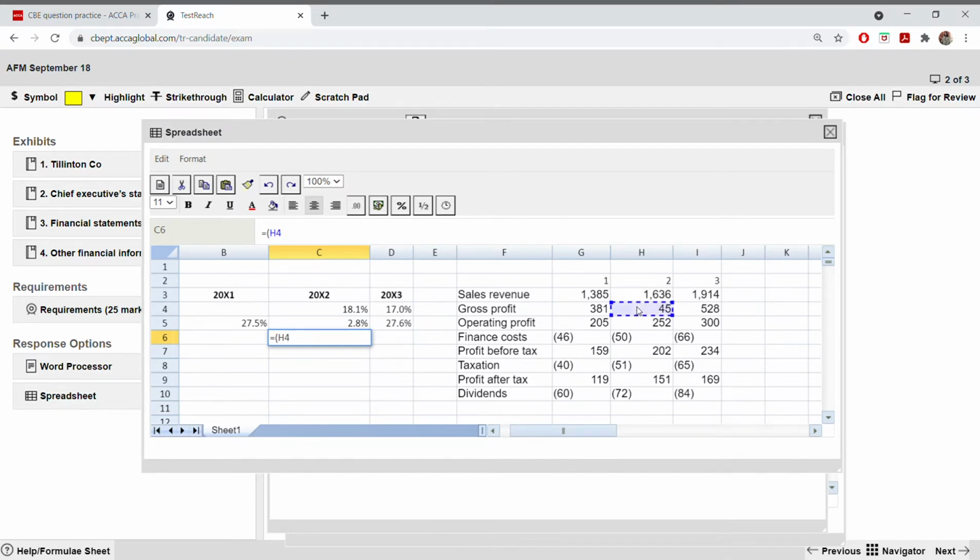We'll go by this minus this divide by this, equal this minus this divide by first year gross profit.